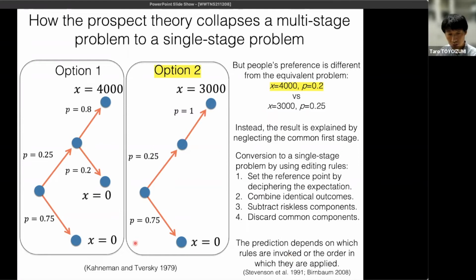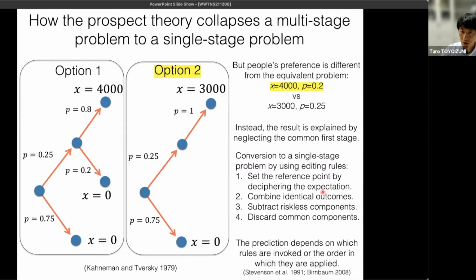For example, for this problem, you might think of applying rule number 2 and combine identical outcomes, because here's an identical outcome here and there. You might consider combining these identical outcomes. Then the prediction would be different. So, applying these editing rules is not straightforward.